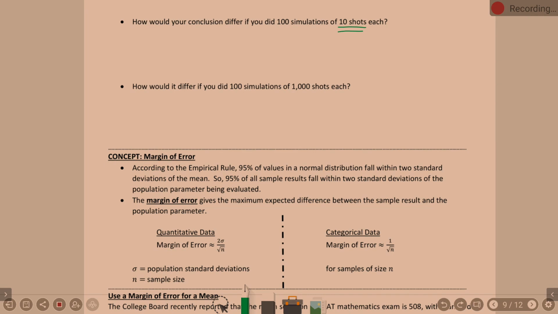That smaller sample size is definitely going to make your results less accurate.